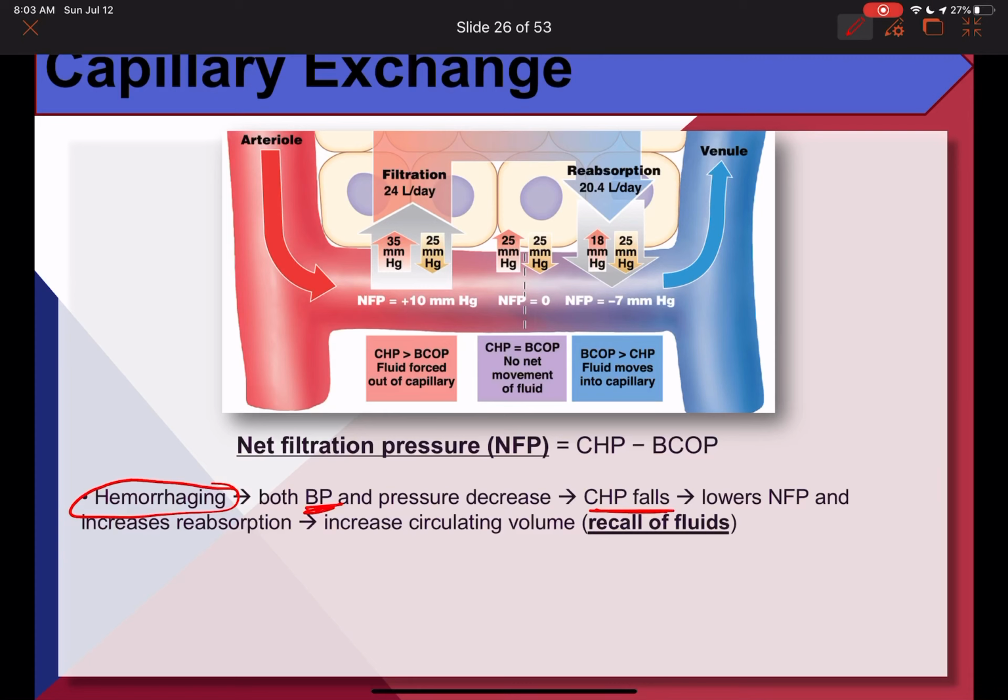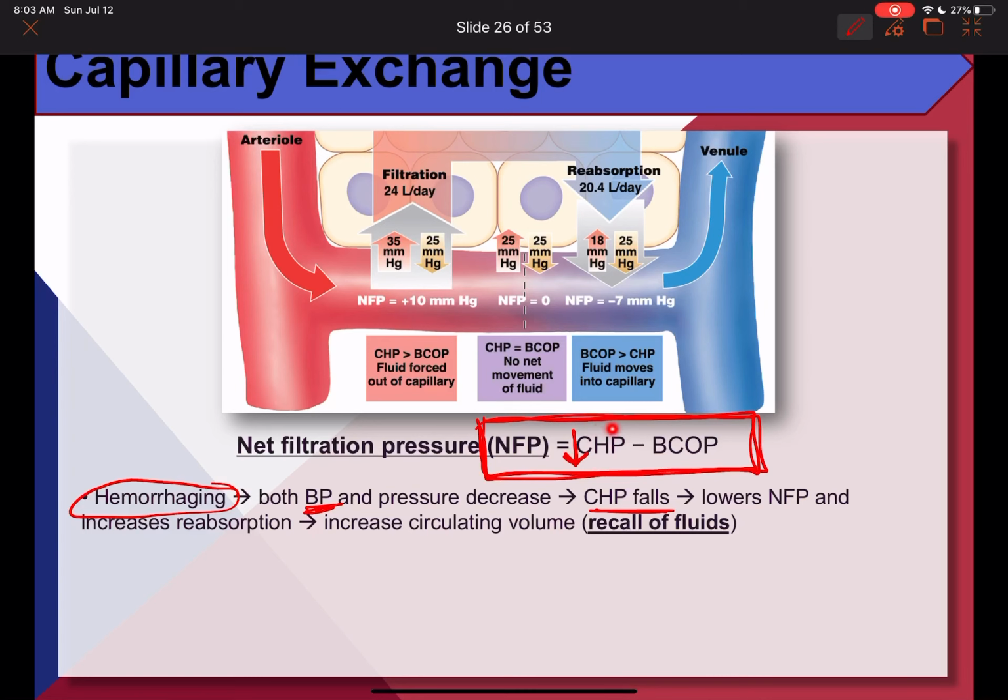Now, if we look at this formula right here, that's why I say you have to know this formula, in order to give this relationship some thought. So if CHP decreases, if CHP becomes a smaller number, what will happen to NFP?